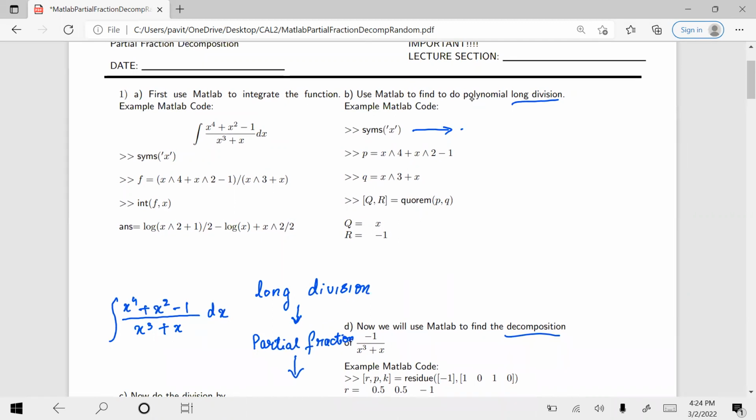So this is a mandatory line to write whenever you are solving an integral or differentiation, we first have to define what is X. It is a symbolic variable. Syms in MATLAB means symbolic symbol.